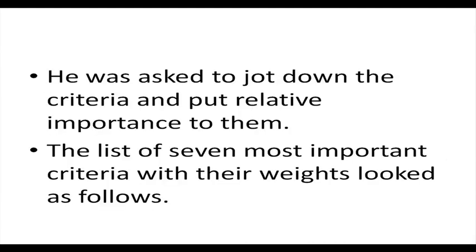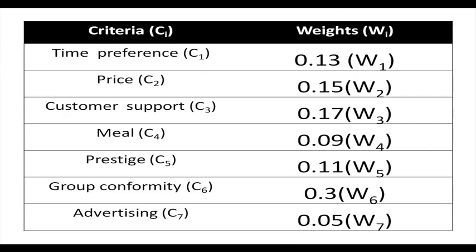For that we have talked to Mr. Singh, and we have asked him to jot down the criteria on which basis he is going to select a craft and put some relative importance to them. He has listed 7 most important criteria with their weights. We have marked criteria as C and weights as Wi.